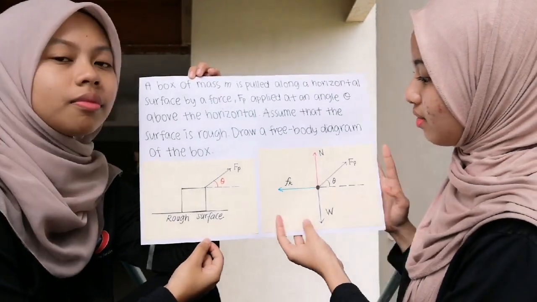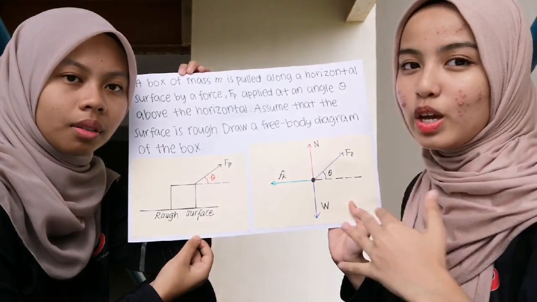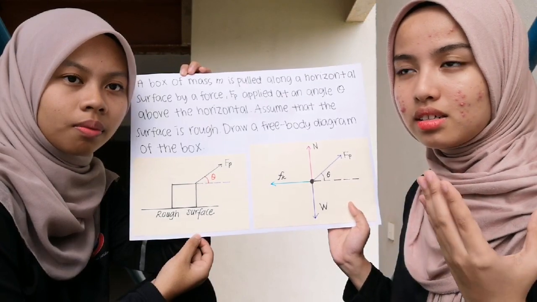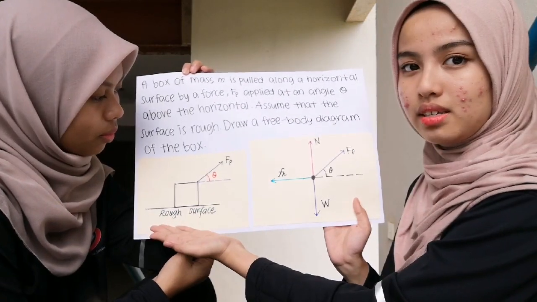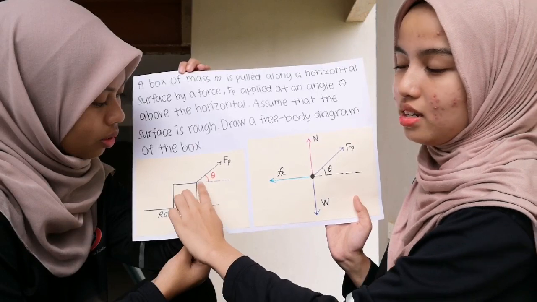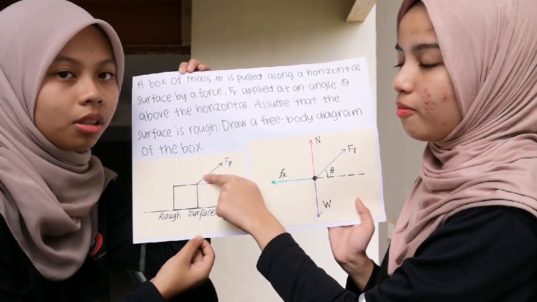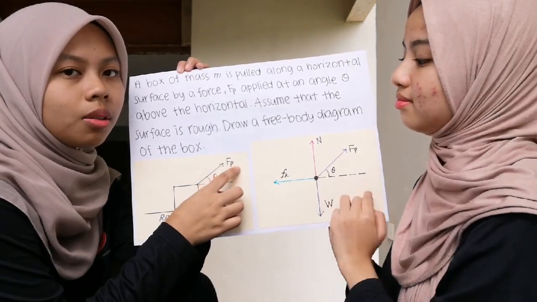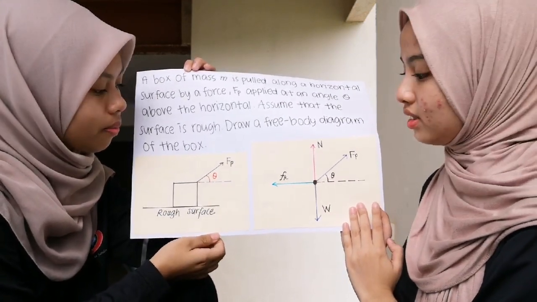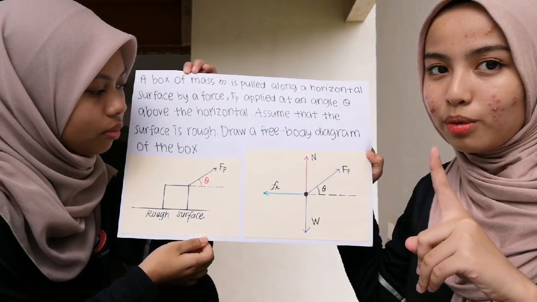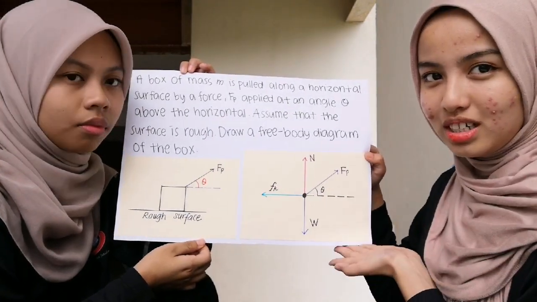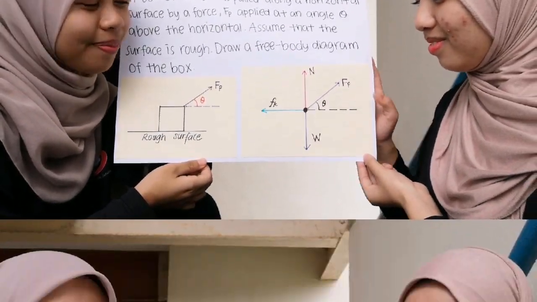If we sketch the diagram, it would be like this: a rough surface, the box, and the Fp force, which is the external force.